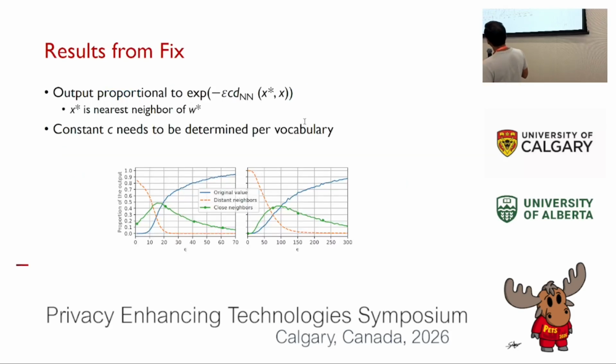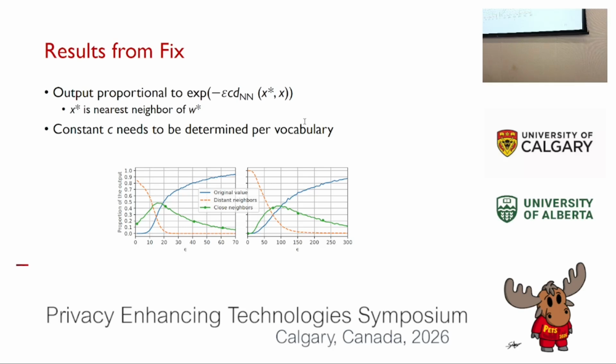So here we can see that we indeed recover what the mechanism should do. The green line here shows that the nearest neighbors are also being output by the mechanism at some epsilons. Here C is a constant which needs to be fixed for each vocabulary, but this is just a pre-processing step, so you only need to do it once.